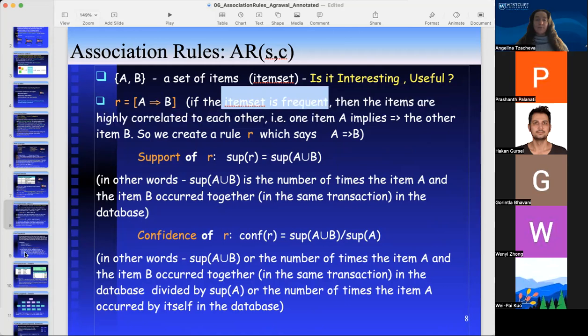If the two items together occur frequently, then it means these items are highly correlated to each other. That is, having the one item present implies that the other item will be present as well.